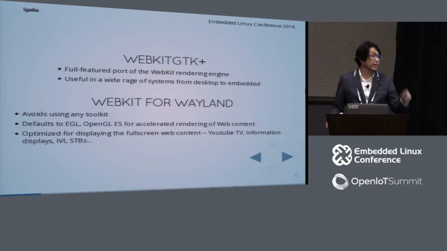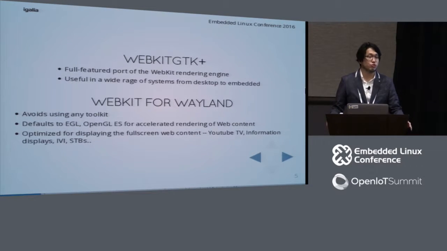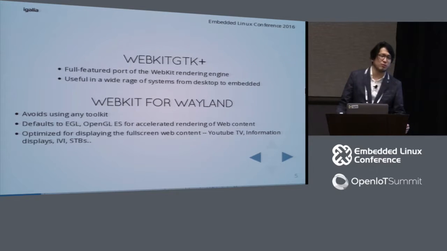And there is another thing, WebKitForWayland. It is heavily optimized for embedded systems, so we removed some toolkits from the WebKit side. WebKitForWayland has much fewer dependencies compared to WebKitGTK. I don't have to mention Chromium because Chromium has really, really huge dependencies.